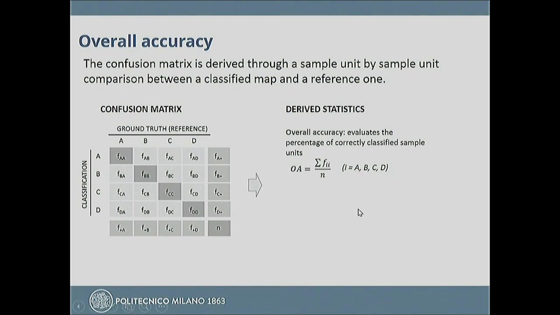We have to consider the sum of all the elements along the diagonal, so the correct samples, and divide it by the total number of sample units. In this case, we have the percentage of the samples that are correct in the global land cover. Okay, this is the first index, the very general one.